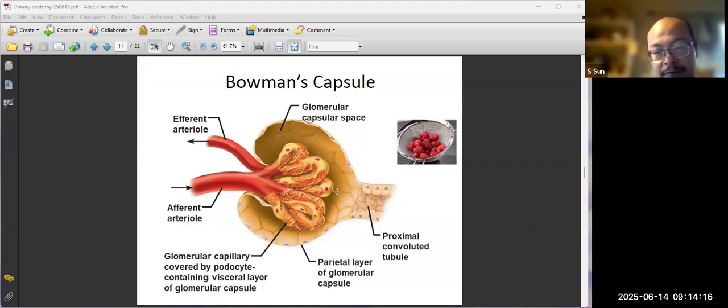We know the monomer of carbohydrates and the monomer of protein. So glucose, amino acids, and also ions like sodium and chloride, those little things, single sodium, single chloride, and H2O, water. So those things will get filtered, but large things won't.